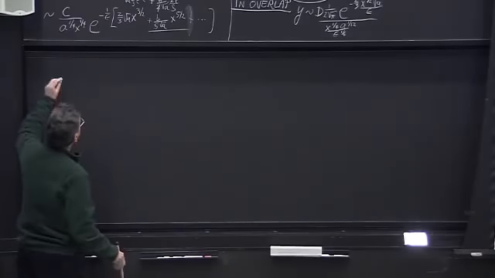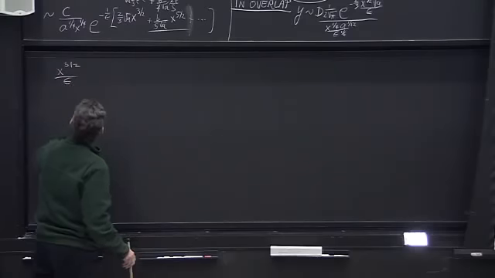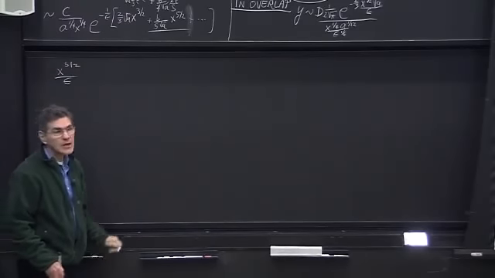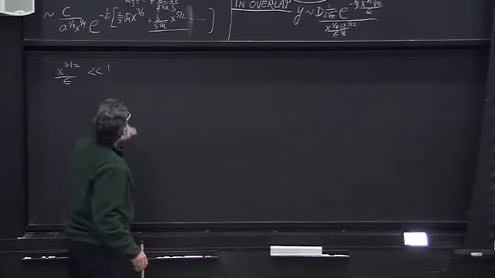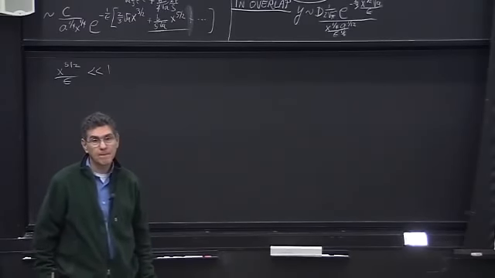I have to require that x to the 5/2 power over epsilon is small compared with 1. I would have to require that.